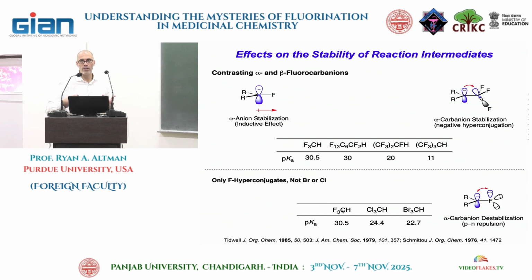Its electronegativity is greater. You would initially anticipate that its pKa would be lower than chloroform or bromoform. That's just not true. That's not what the data says. The data says that chloroform and bromoform are actually more stable anions. When you deprotonate, they make more stable anions, even though they're less electronegative.